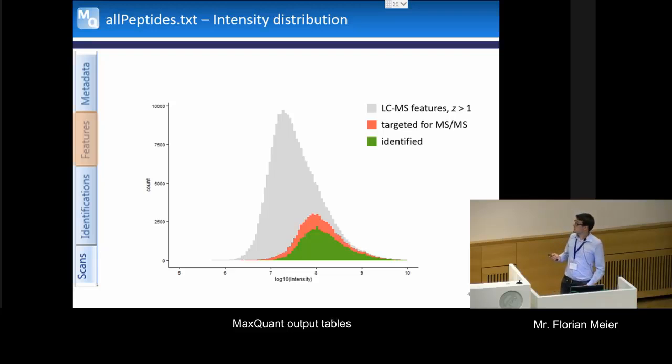So you can also use some of these plots to optimize your method and see if you want to cover more of this gray population, meaning you need more MS-MS events, or if you're not happy with the identification rate, meaning you probably want to go for fewer MS-MS experiments and spend more time to acquire ions and increase the chance of identifying a peptide.